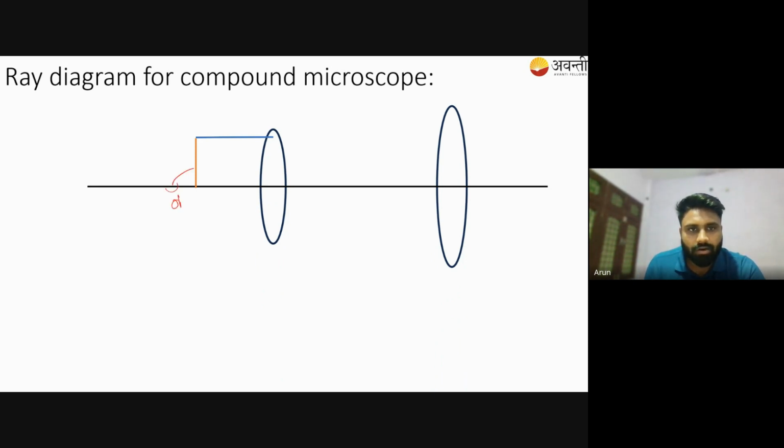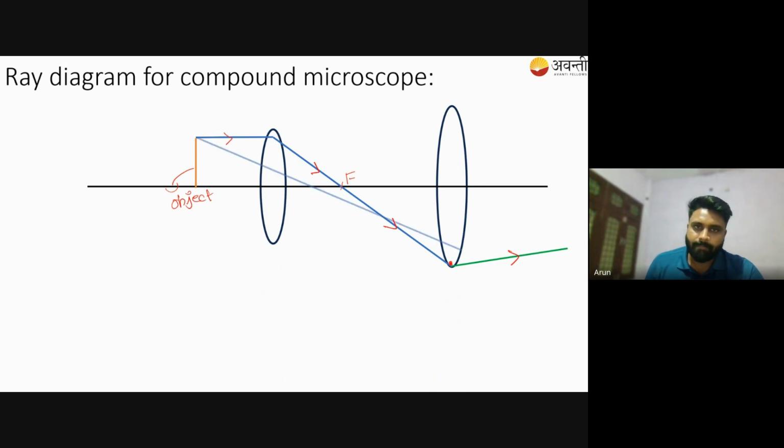This is the object. One of the rays is going parallel to the principal axis. After refraction, it is bending, cutting at the focus, moving in this direction and meeting this lens at this point. Got it? And after refraction, because this lens is also going to refract, it is also trying to bend this, so this is going in this direction.